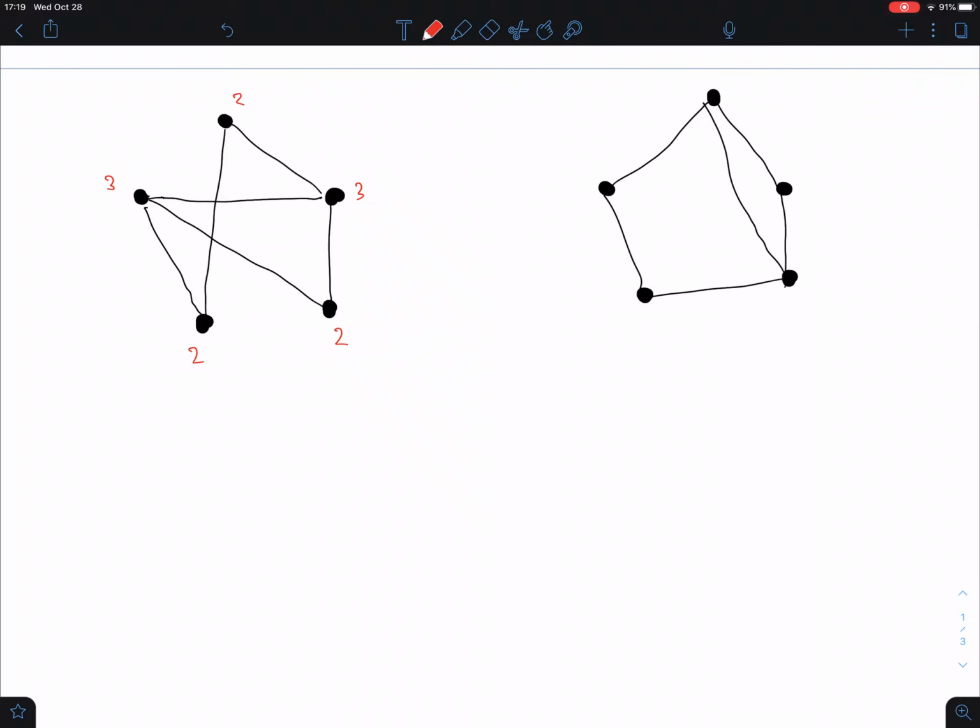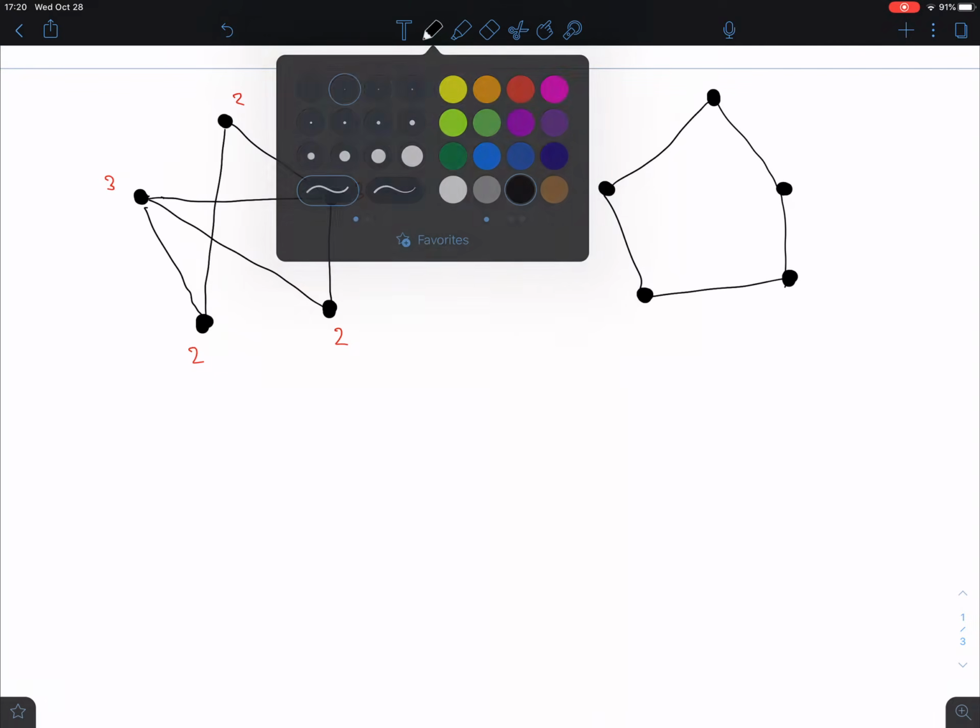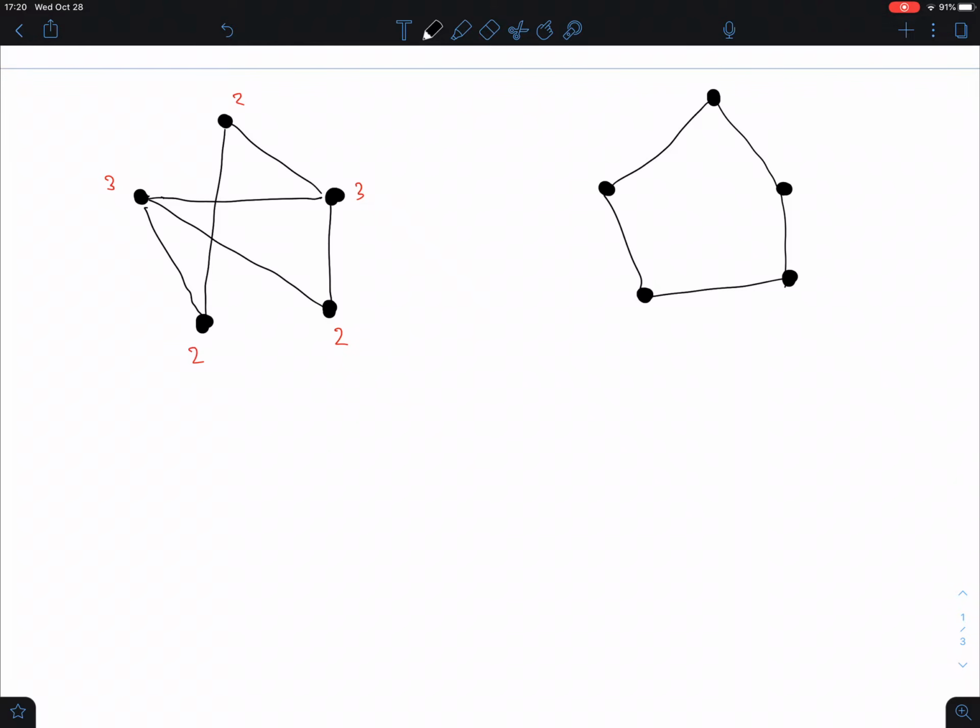What is happening here? Let me redraw this graph because it was a bit sloppy. I'll draw it this way, it doesn't matter. It's symmetric, right? And so now the degrees, I'll do this in red again: 3, 2, 3, 2, 2.